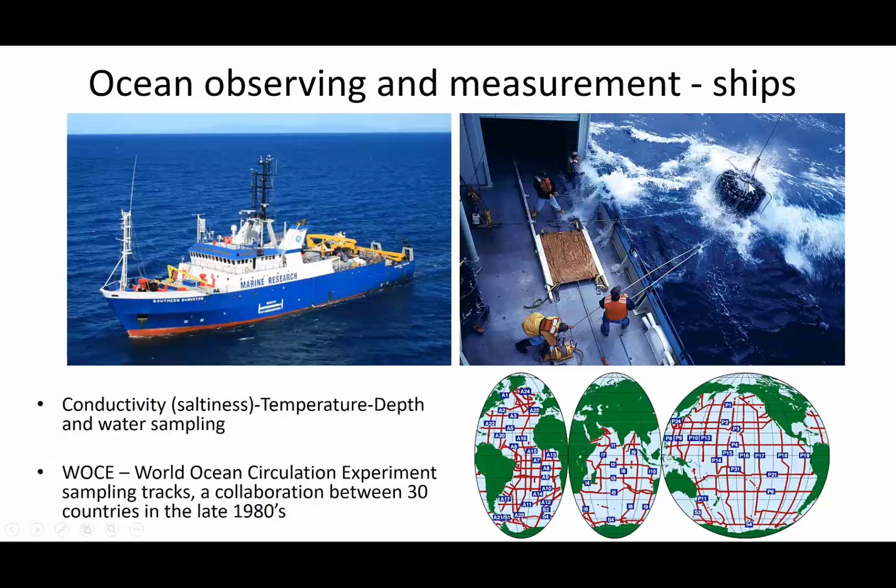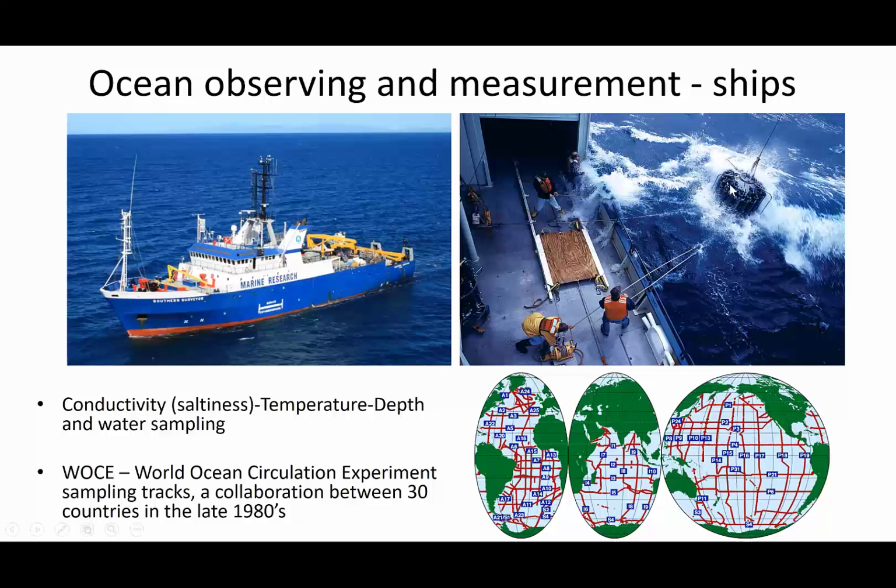So they lower this over the side of the ship on a steel wire, and they lower that down to perhaps 5 or 6 kilometres depth. And as they're bringing it back towards the surface, they're measuring the conductivity, which gives the salinity, the temperature, and also the pressure, which gives the depth.